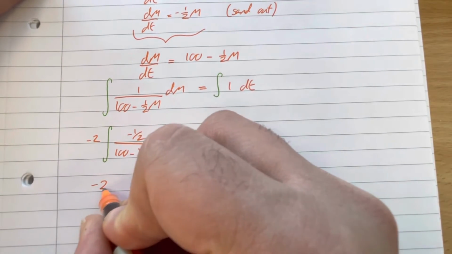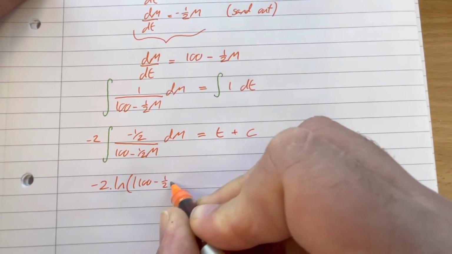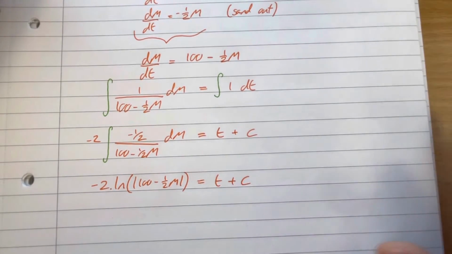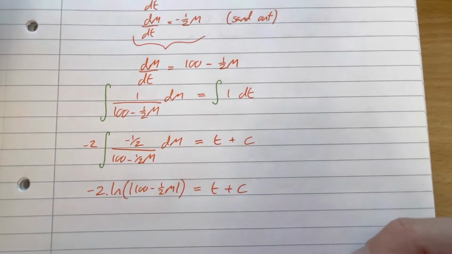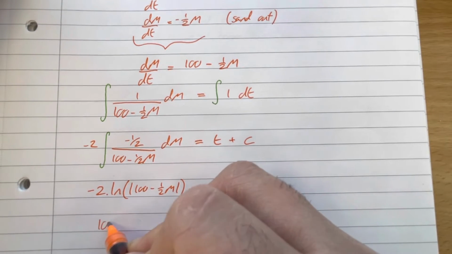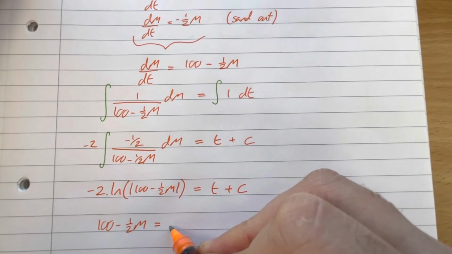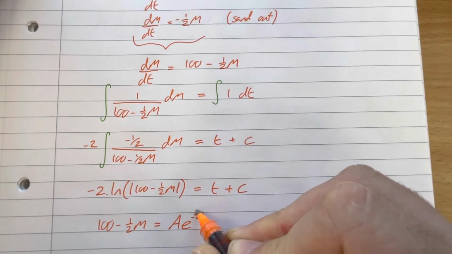So that's going to be minus 2 times the natural log of mod of the bottom, that's 100 minus a half m, and that's going to equal t plus c. And now I can divide by the minus 2, and then raise both sides as a power of e. So I'm going to say 100 minus a half m equals a e to the minus a half t.